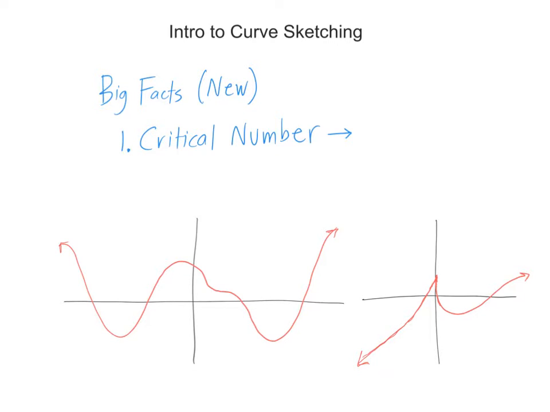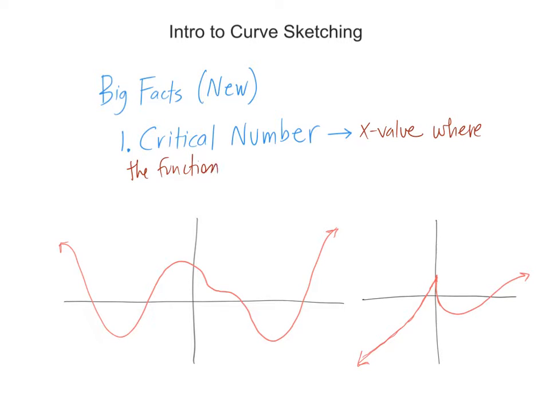We're going to add some terminology and maybe a few new facts. These locations where the derivative is 0 or undefined, as it turns out, these are called critical numbers. A critical number is an x value where the function is defined.